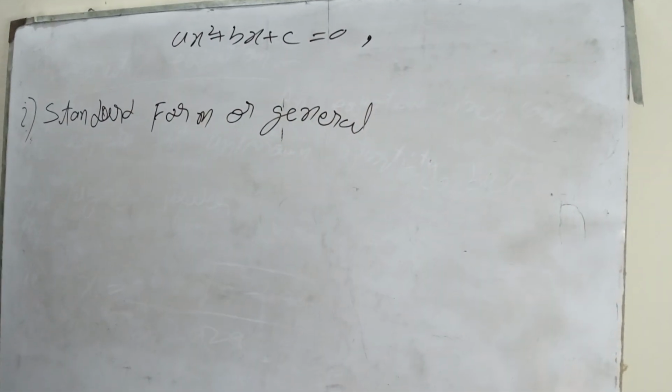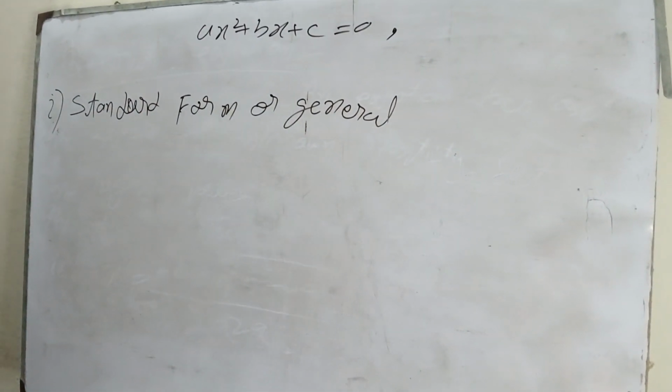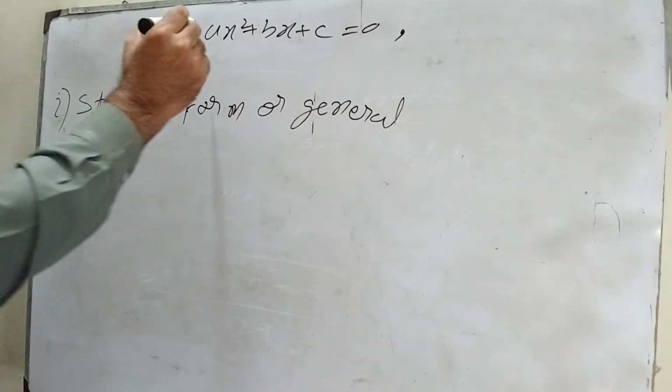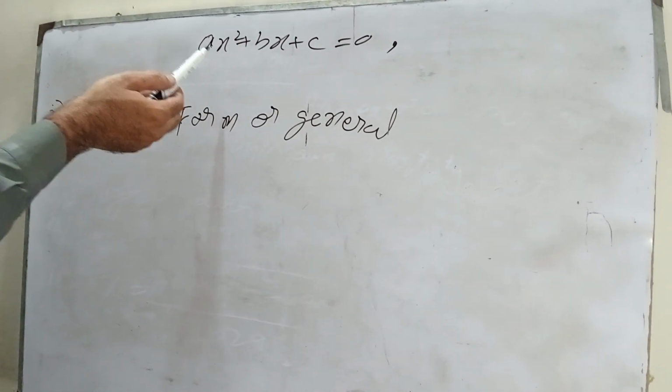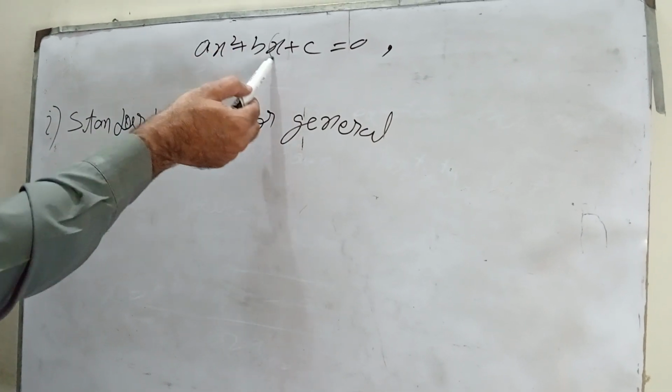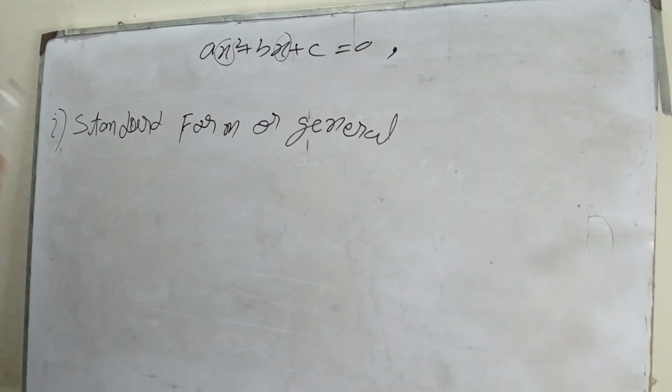It is defined as a second degree equation of one variable x, meaning the variable is only the x.